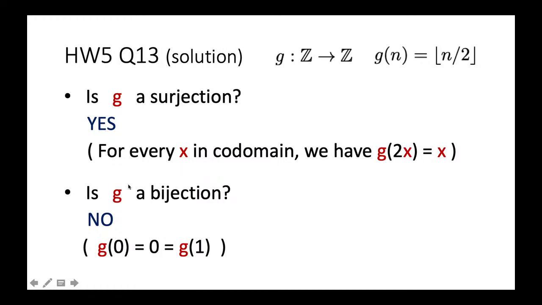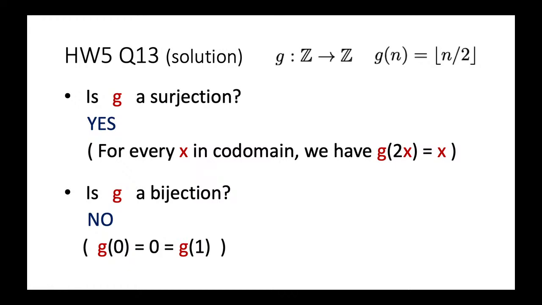Now, it turns out that g is not a bijection. If it is not a bijection, then either it is not an injection or it is not a surjection. In this example, we know that g is already a surjection. So you just need to show that g is not an injection. To show that it is not an injection, we can give a counterexample.